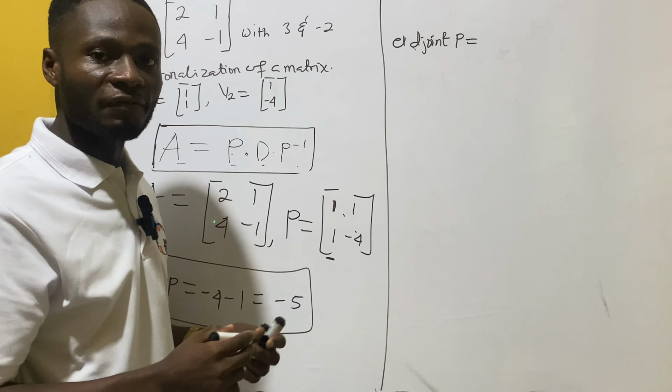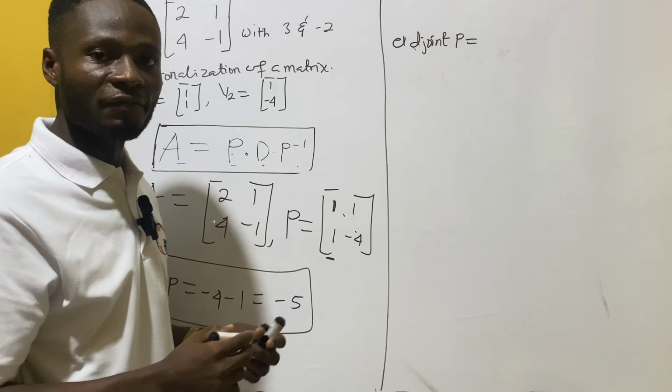Here your adjoint becomes -4, 1, then you negate the off diagonal, and that becomes -1, -1.